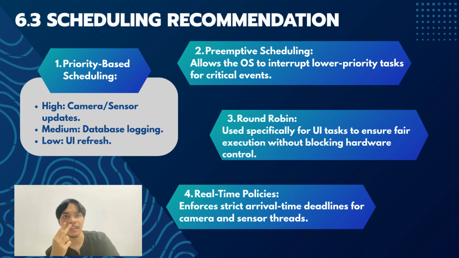Next, multi-threading with preemptive scheduling, where the operating system gains the capability to perform dynamic task switching, which allows the scheduler to interrupt a low priority process instantly during a time critical event.